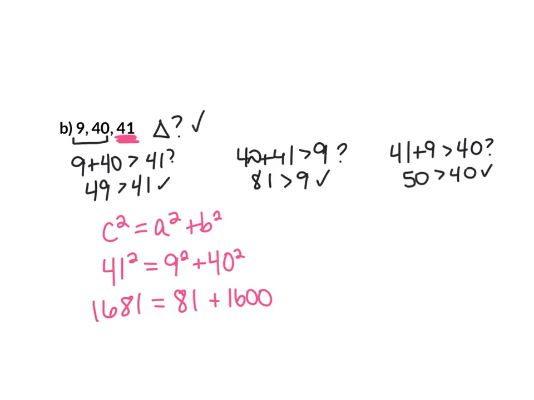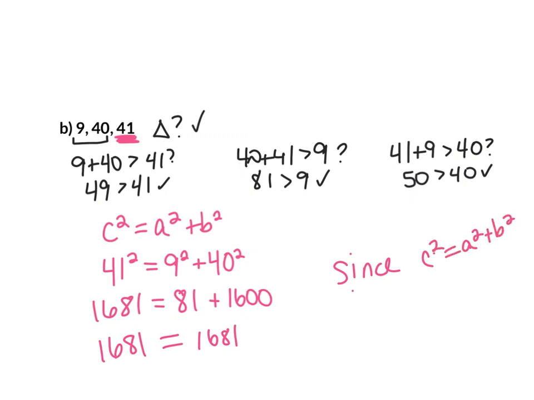When we compare these final numbers, we get 1681 and 1681. These are in fact equal to each other. So since c squared equals a squared plus b squared, we know that our triangle is a right triangle. Let me know if you have any questions.